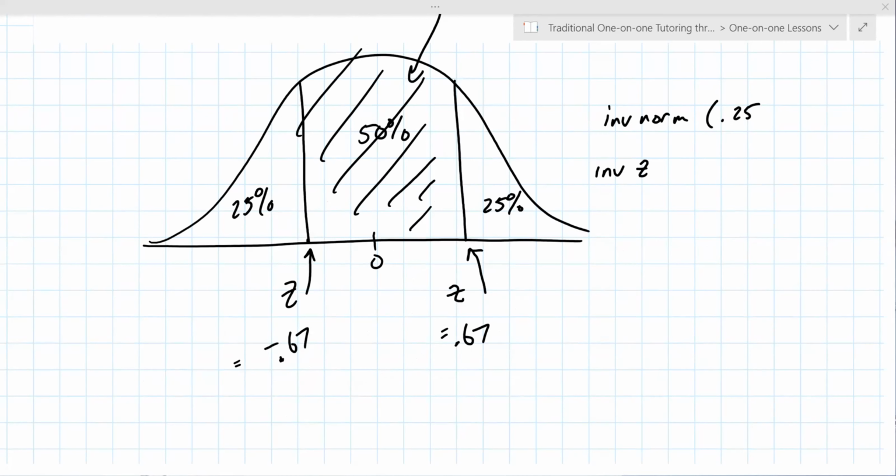So let me grab mine and I'll try to show you. I'll have to switch screens. Okay, so let me switch screens.